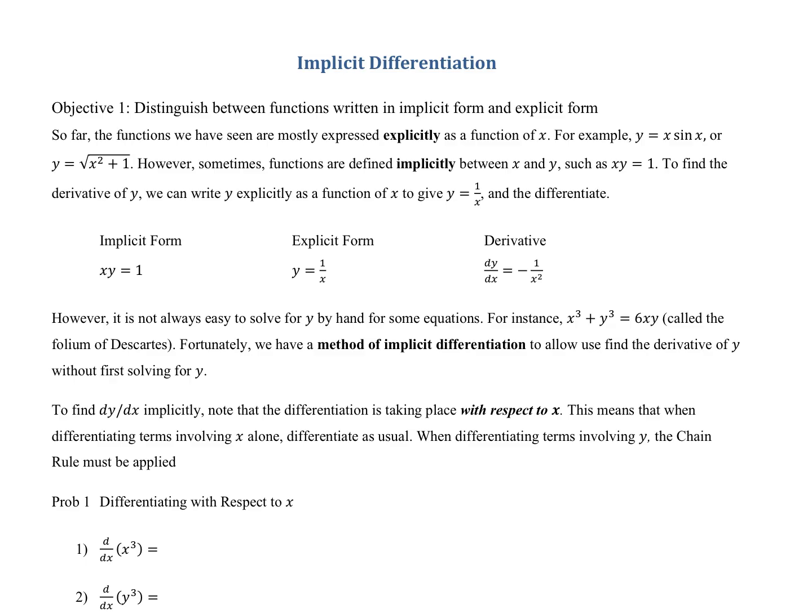To find this dy/dx implicitly, note that the differentiation is taking place with respect to x. What that means is when differentiating terms involving x alone, we differentiate as usual. However, when differentiating terms involving y, we have to treat y as a function of x, and the chain rule must be applied.